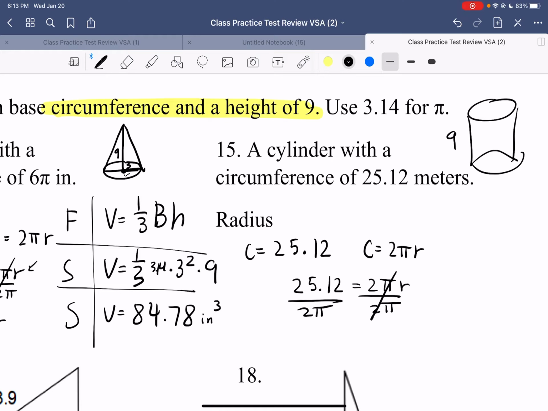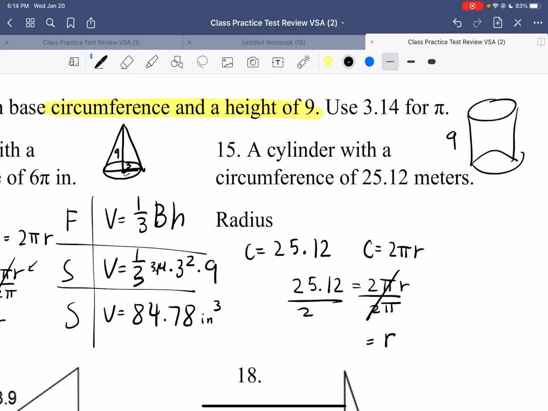On the right side this becomes 1, and we're left with just the radius.